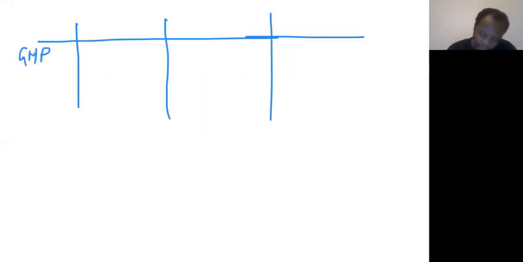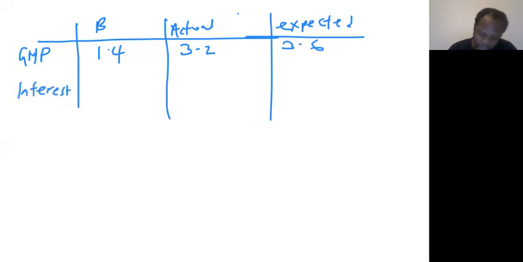We had the beta to be 1.4, and we had the actual growth to be 3.2, and the expected growth was 3.6. And in the case of interest rate, we had the beta to be negative 0.53, and we have the actual to be 3.4, and the expected to be 3.1.